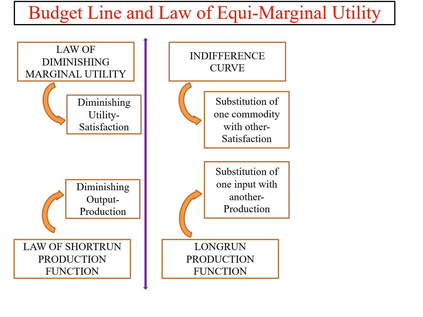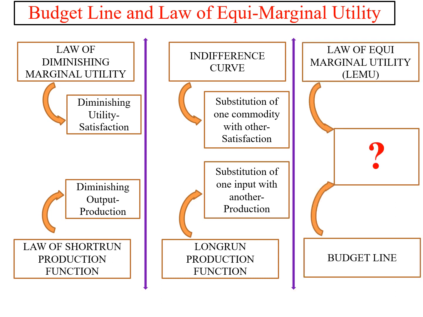The indifference curve highlights the concept of satisfaction, whereas the long run production function, through the isoquant, highlights production. Today I will describe how the law of equi-marginal utility is more connected with the budget line.